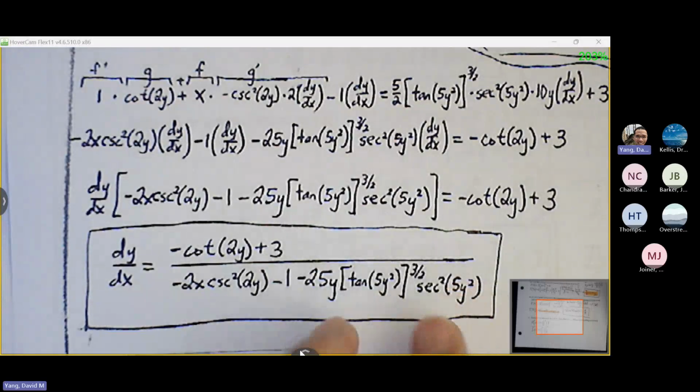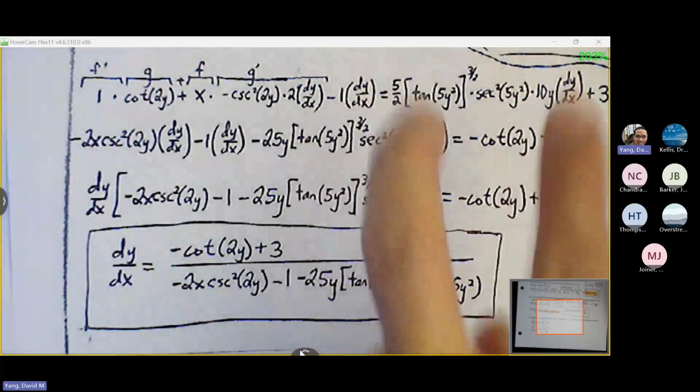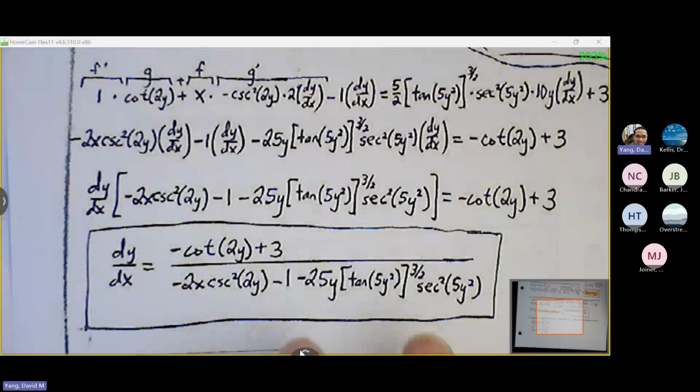And also, if you didn't simplify these terms here, it's okay. I just merged some of the values together, but you didn't have to, as long as your dy dx is by itself.